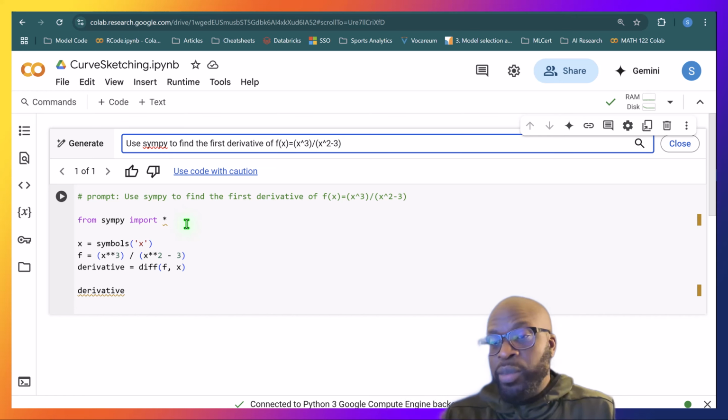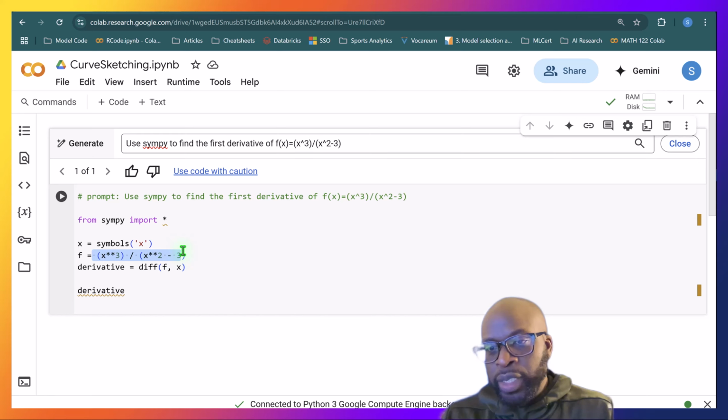It's not going to represent a number, it's going to represent itself. And so we can use, like you see here, something like x, and in Python the double star is an exponent, whereas here it's a caret, but here it's double star. And so now since x is declared as a variable, this understands the x cubed over x squared minus 3 from the variable perspective, as opposed to plugging in a number.